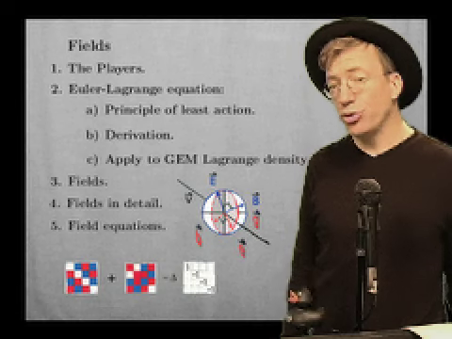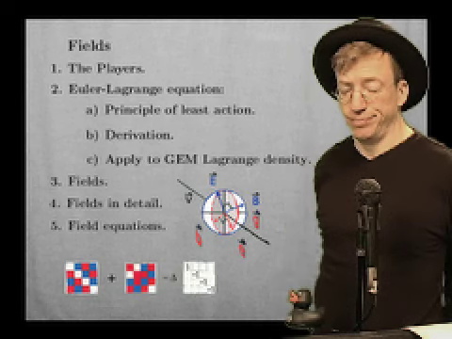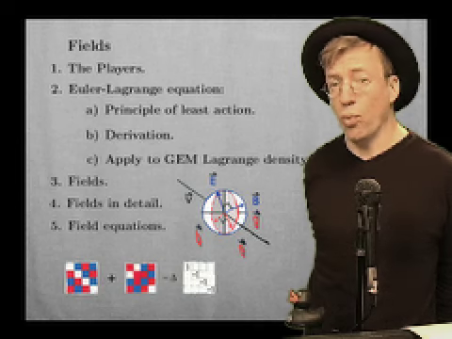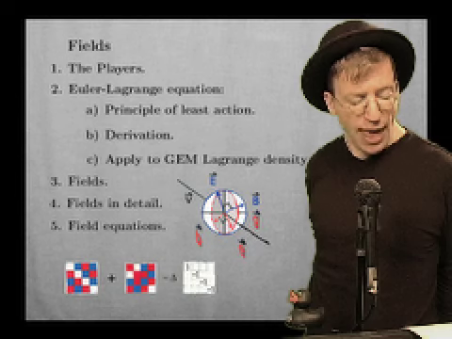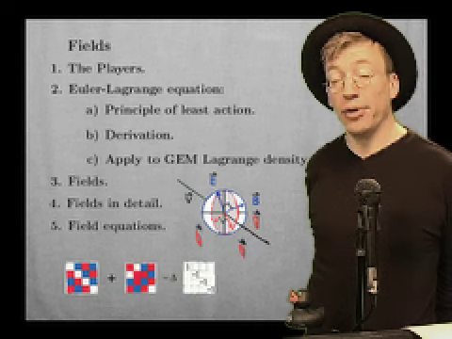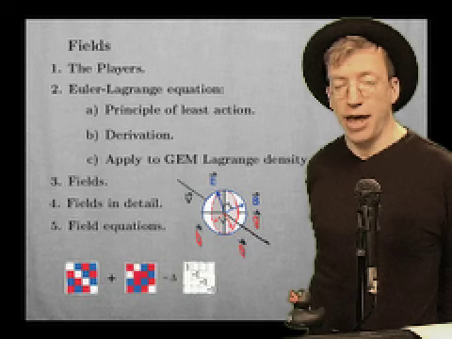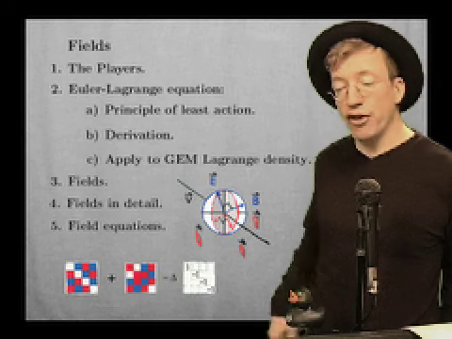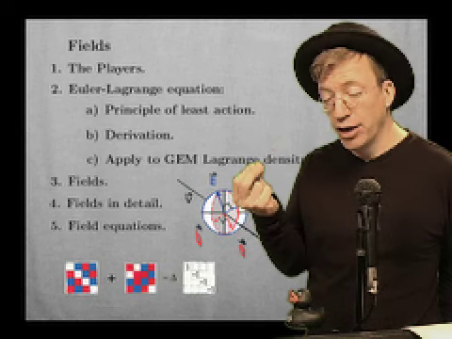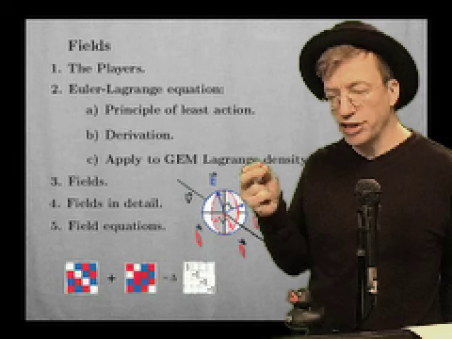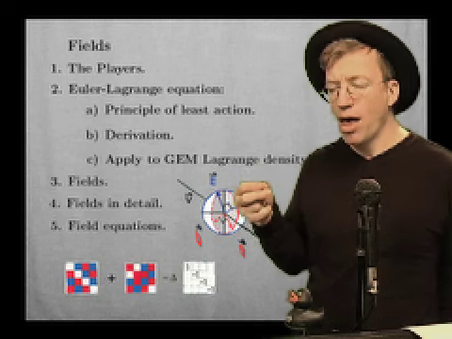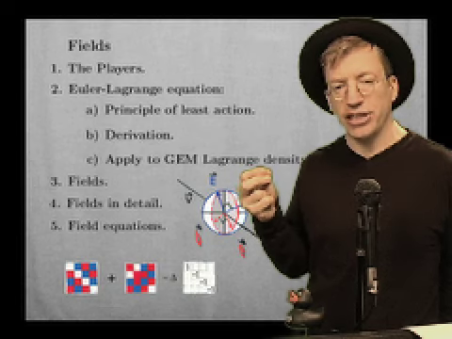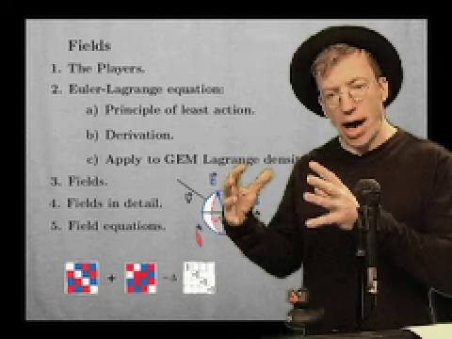I'm going to introduce you to all the players, because it quickly can be confusing as to what is what. I am then going to introduce the Euler-Lagrange equation, a wonderful equation from the 1800s that allows you to start from a Lagrange density. Remember, that's a function that only gives you back one number, but it's a summary of all the energy interactions that can happen inside a box.